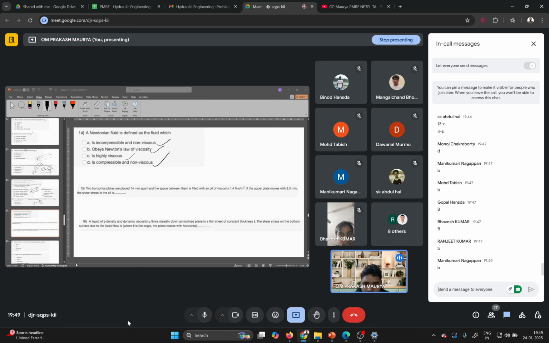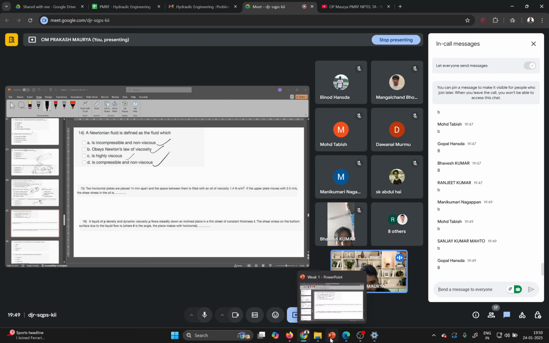Everyone is telling it needs to obey Newton's law of viscosity. Yes, definitely option B will be correct for question number 14 in this slide.